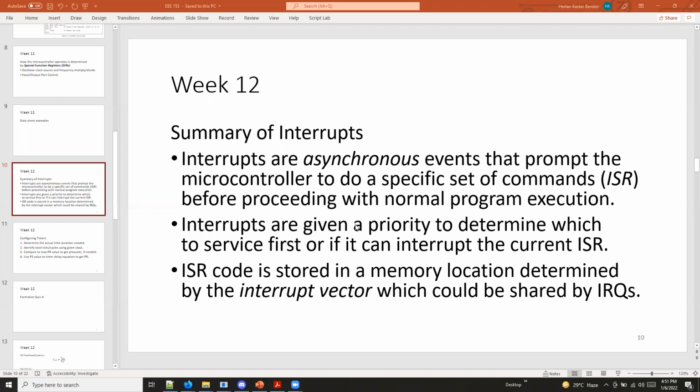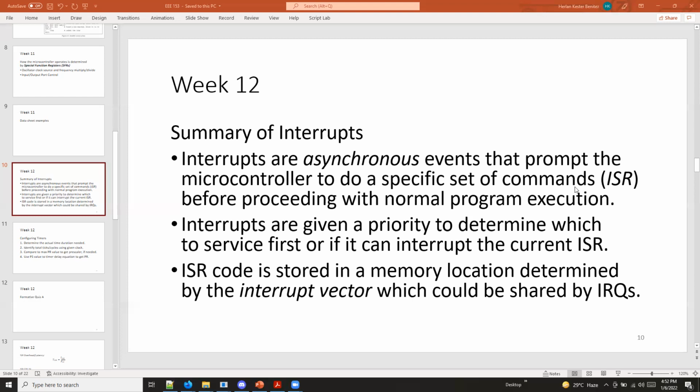The priority also determines if one interrupt can overwrite or mask another interrupt being serviced. An interrupt is triggered by the running of a specific set of commands called the interrupt service routine, or ISR.